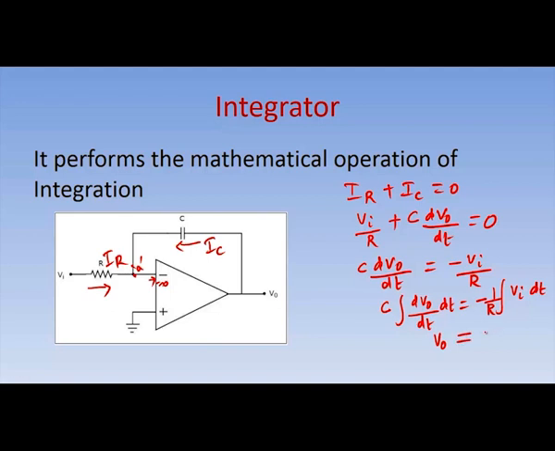V0 will be equal to minus 1 by RC integral Vi dt. This is the output voltage of the integrator. So, when you look at the output equation, the output is the integral value of the input signal. So, from the circuit we have derived the output signal as the integral value of the input signal Vi.